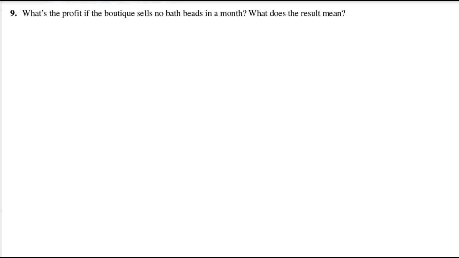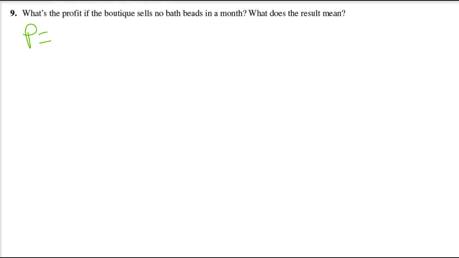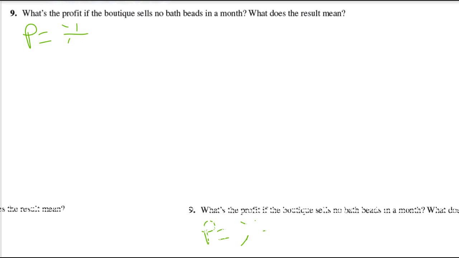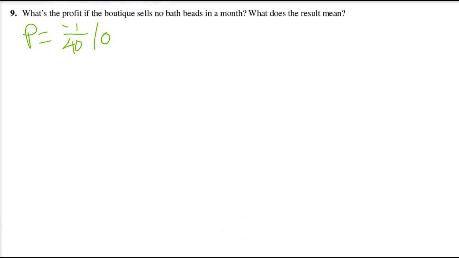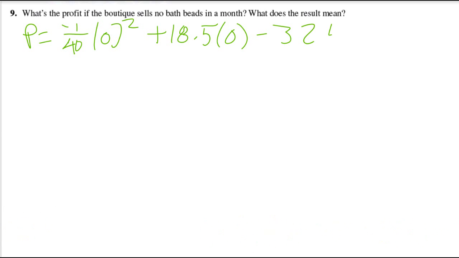You might have thought that the profit was 0, but actually multiplying by 0 gives you 0, squaring 0 gives you 0.